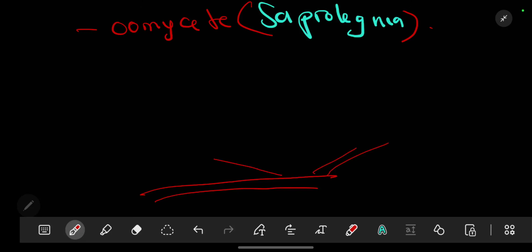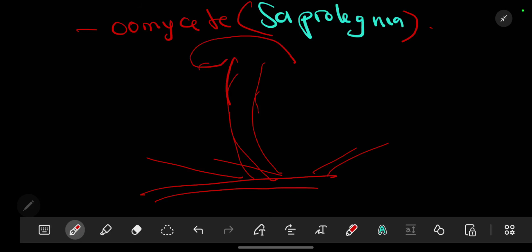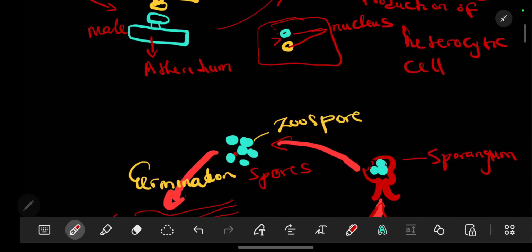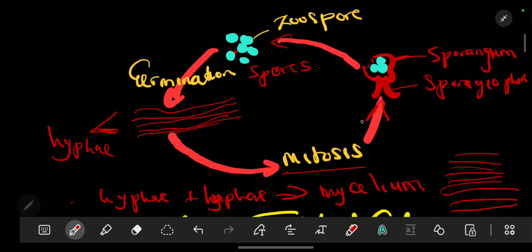It begins to divide until it is able to produce what we call a sporangium. The sporangium is the one that bears spores, remember. This part is the sporangium. If you remember from your grade 12, they'll be able to form this structure like that.